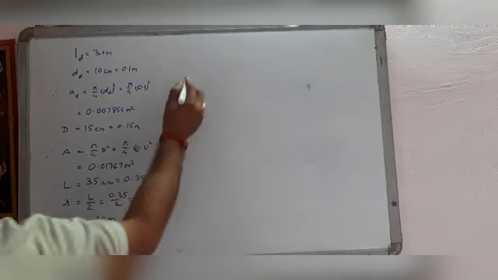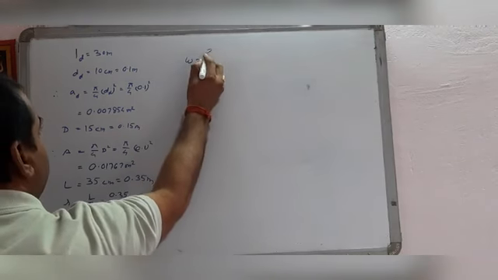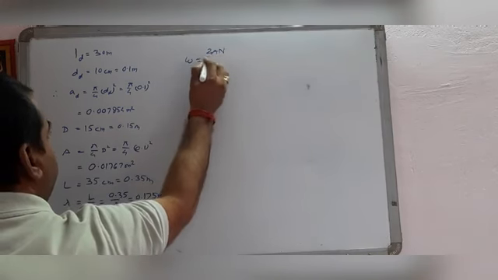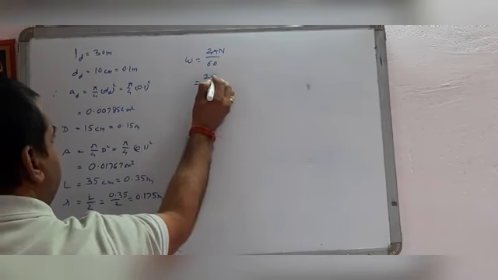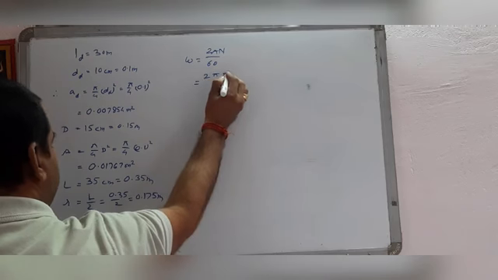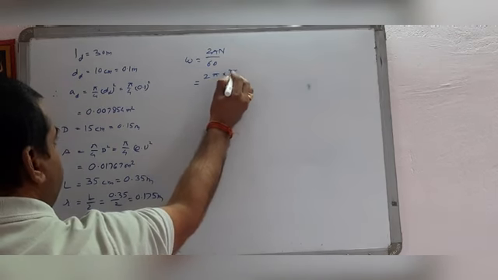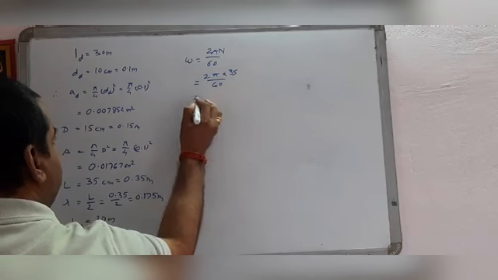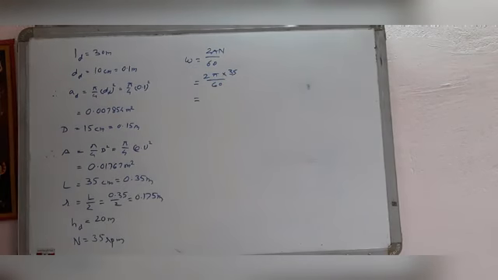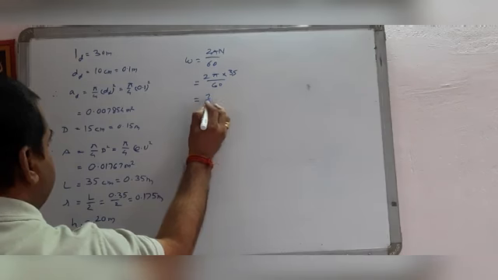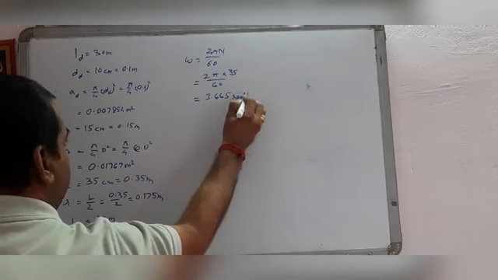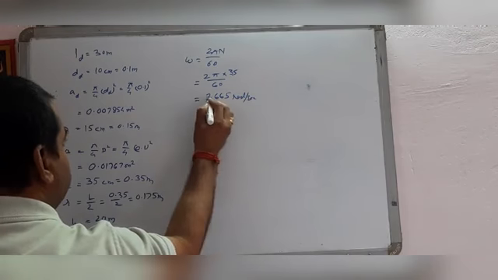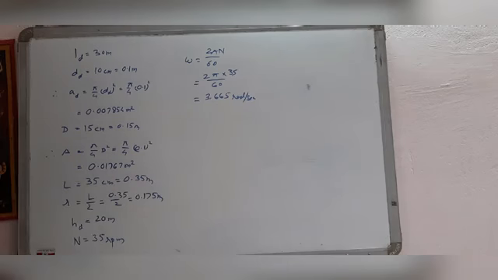So omega equal to 2 pi N by 60 equal to 2 pi into 35 by 60 equal to 3.665 radian per second. Radian per second is the value of omega.